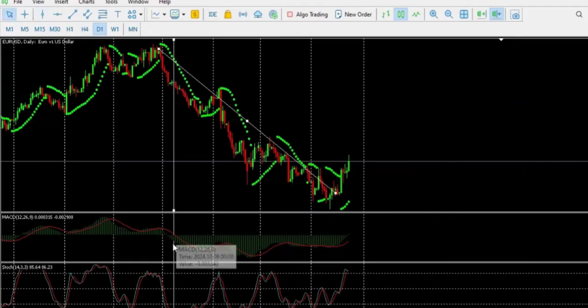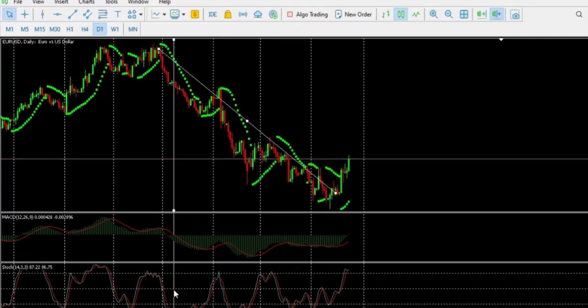Once you see the histogram of your MACD printing underneath the zero line, that is the boundary between the up histogram and the down histogram. So that's the zero line. Once you see the histogram start coming up underneath, that means you're on a downtrend on the MACD. That's the indication MACD gives to you.